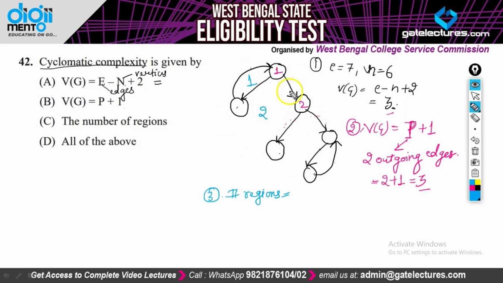Everything outside, so this is the second region overall. Is there any other enclosed region? Yes, this one is here. So 3. We are getting the same answer for all 3. It means that all these 3 formulas are used to calculate our cyclomatic complexity. So our answer would be D, all of the above. All 3 are used to measure the cyclomatic complexity.